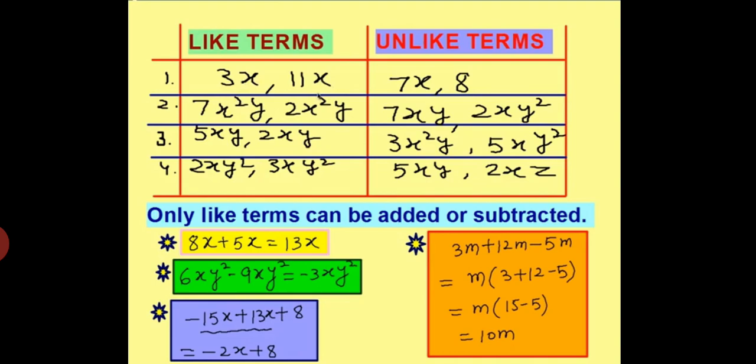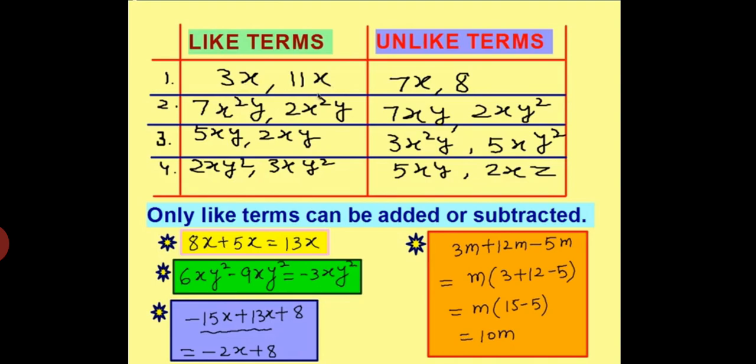Here xy is in both the terms, so these are like terms, but 3x square y and 5xy square are unlike. And number 4, 2xy square and 3xy square. Here xy square is present in both the terms, so these are like terms, but 5xy and 2xz are not.